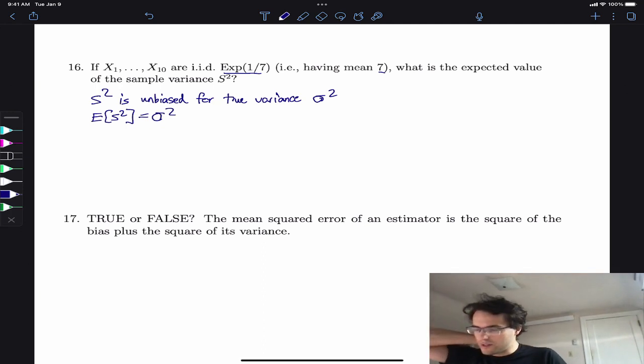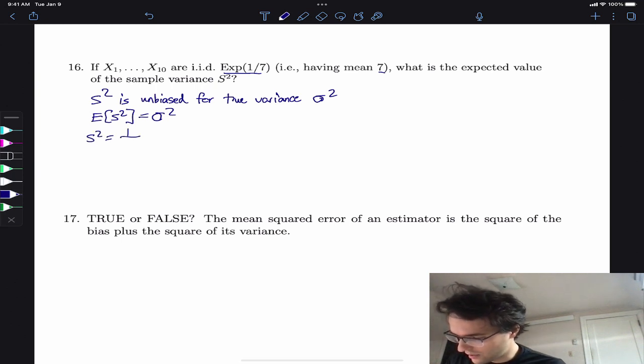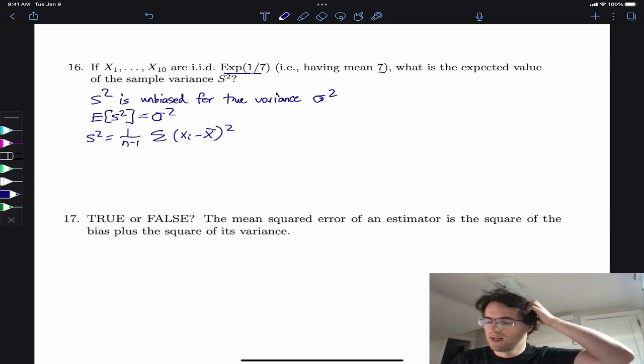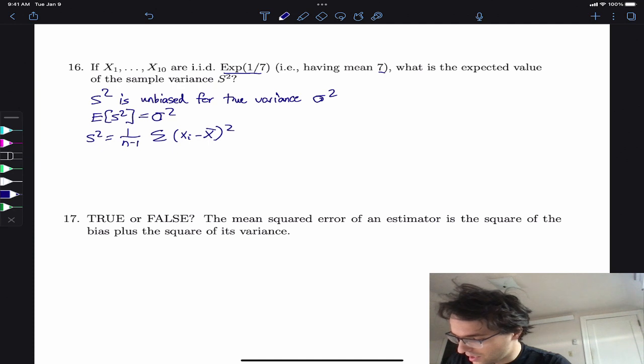One thing I'll briefly point out is to make sure that you understand the difference between the sample variance and the maximum likelihood estimator of the variance. Recall that the sample variance has a formula with 1 over n minus 1, and then the sum of xi minus x bar, squared.